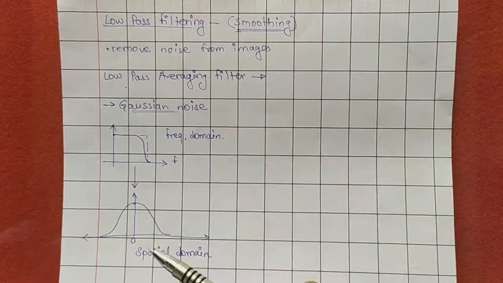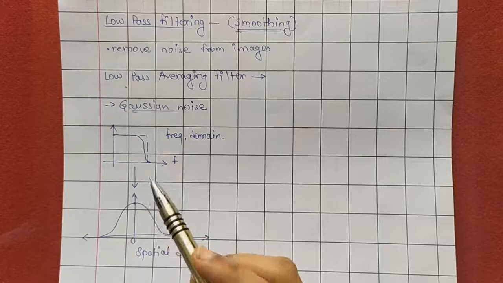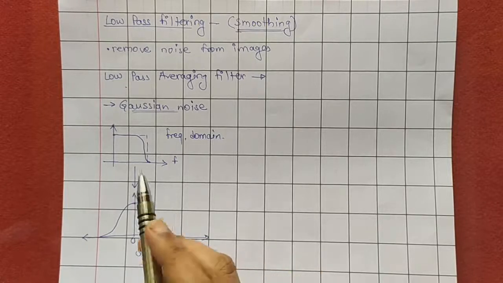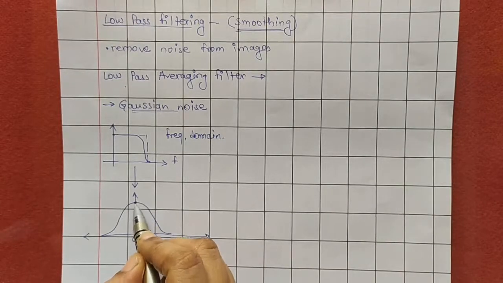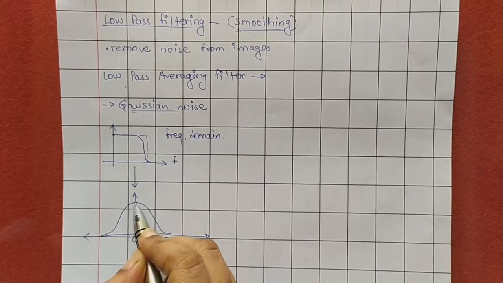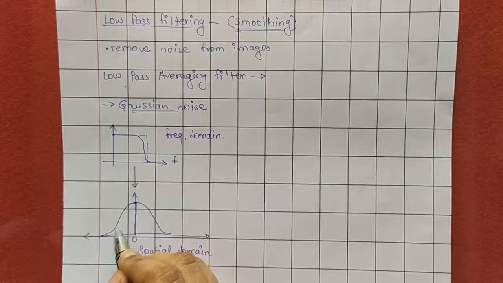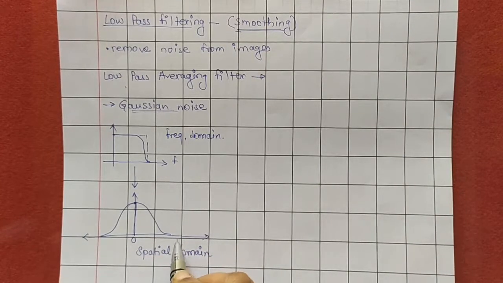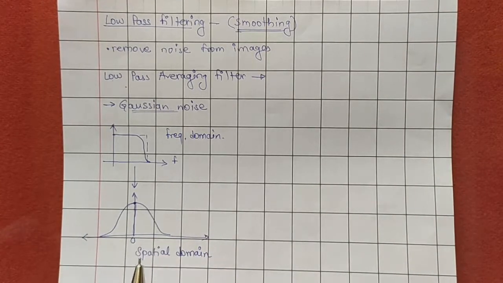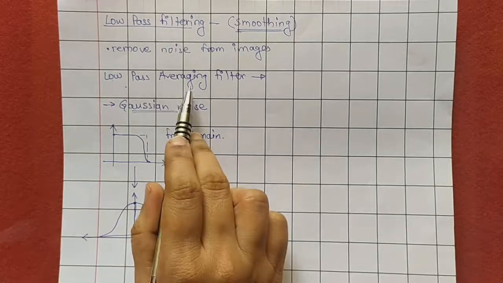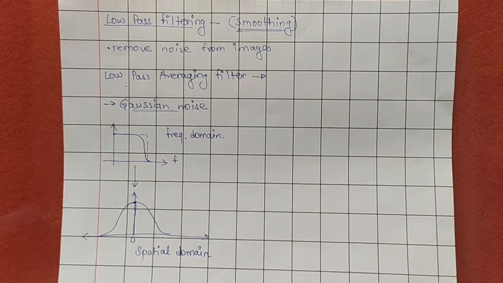If we observe here, in the spatial domain we have the maximum value at the center of the axis, and as we move away from the center the values go on decreasing, and based on this we can define the mask for this low pass averaging filter.